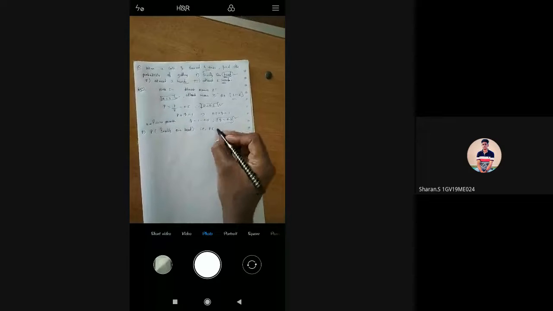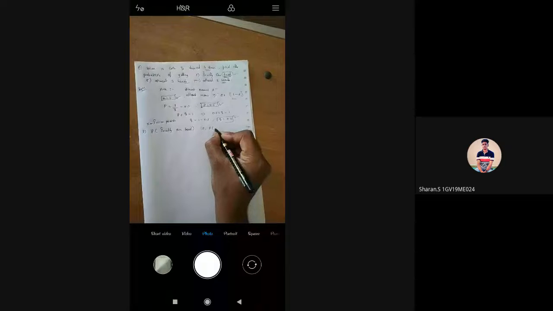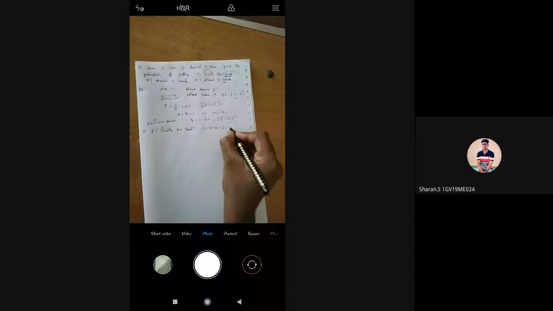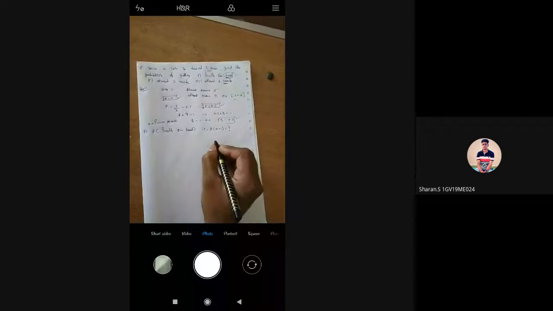That means head. I am trying to tell that this is head, probability of getting head. So we need to find P of X is equal to 1. So how will you find P of X is equal to 1? P of X is equal to 1 is question mark.